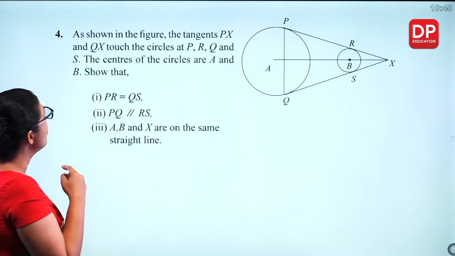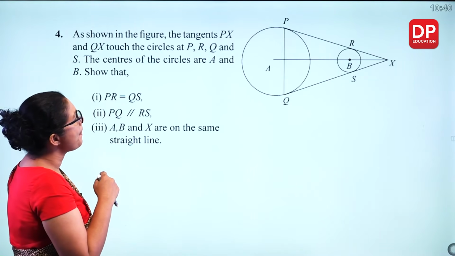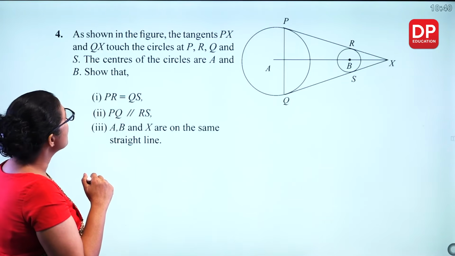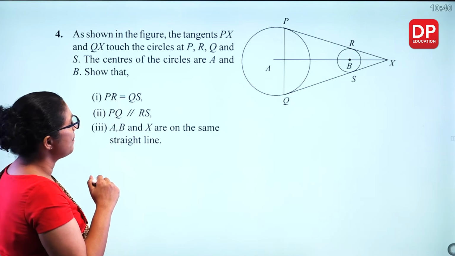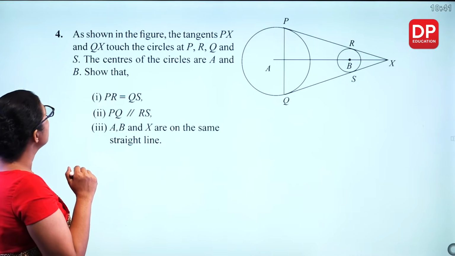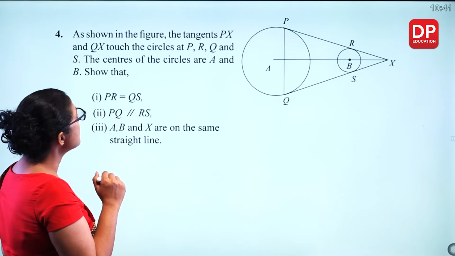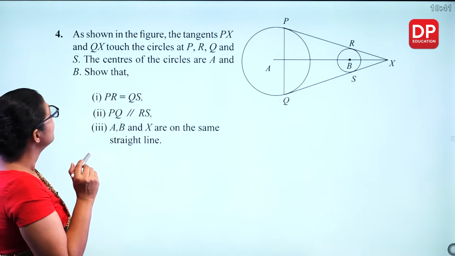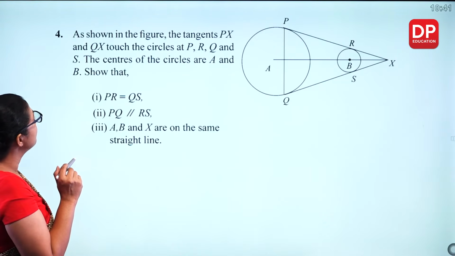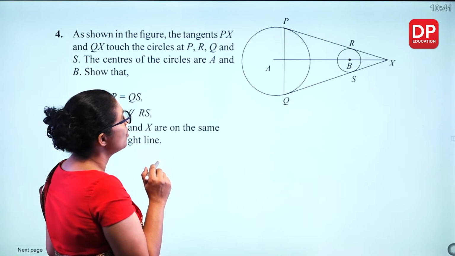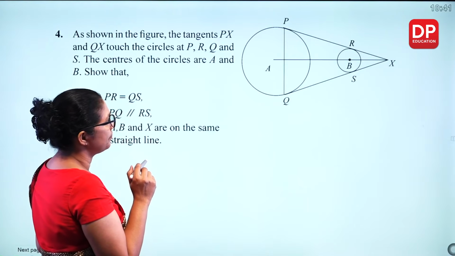Question number 4. As shown in the figure, the tangents PX and QX touch the circle at P, R, Q and S. The centers of the circles are A and B. Show that PR is equal to QS.